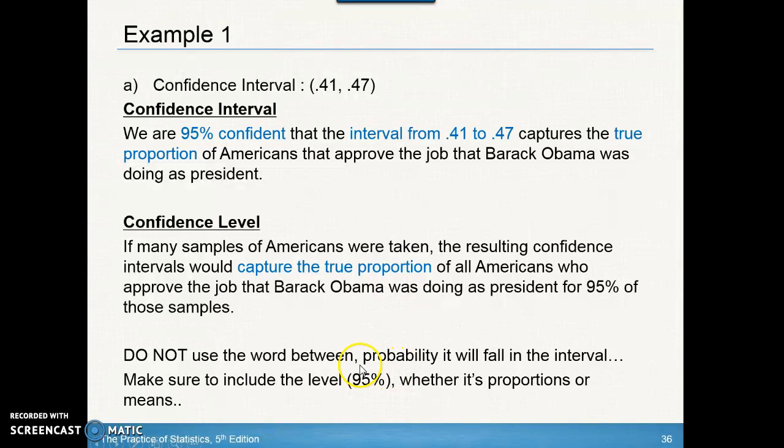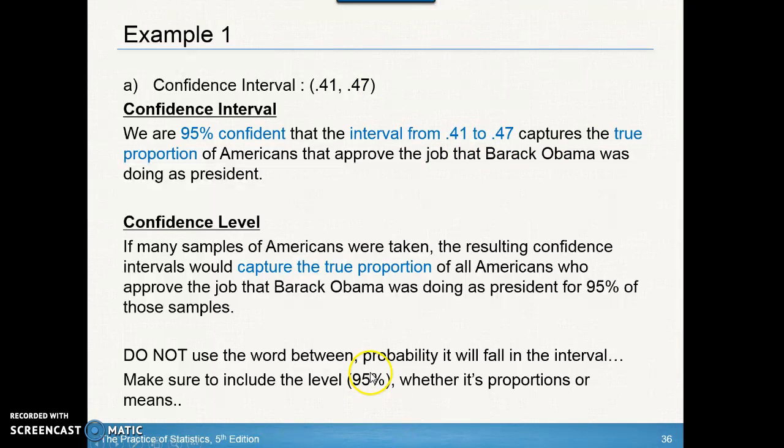Just avoid the word between, so don't say we're 95% confident that the true mean is between these two numbers. The reason you don't want to say it's between those two numbers is because it's not necessarily between those two numbers. That interval captures it, because whenever you do a second confidence interval, if you were to do a different poll, then these numbers are going to change.